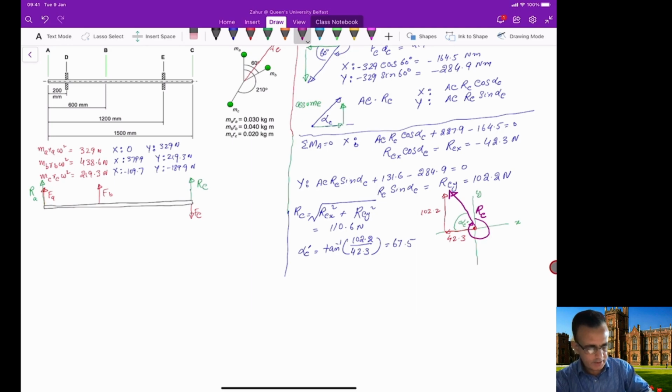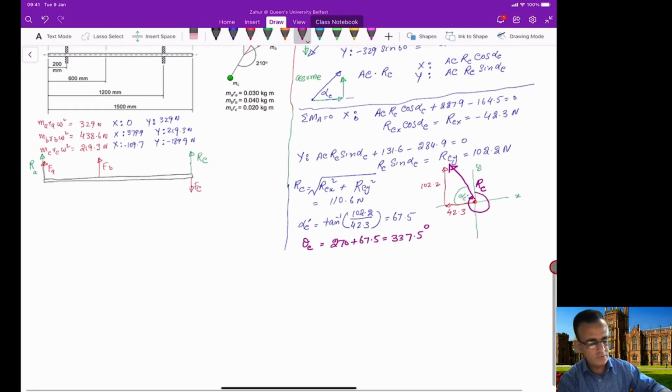So the required angle, which you can call theta c, will be equal to 270 plus 67.5, which will be equal to 337.5 degrees.